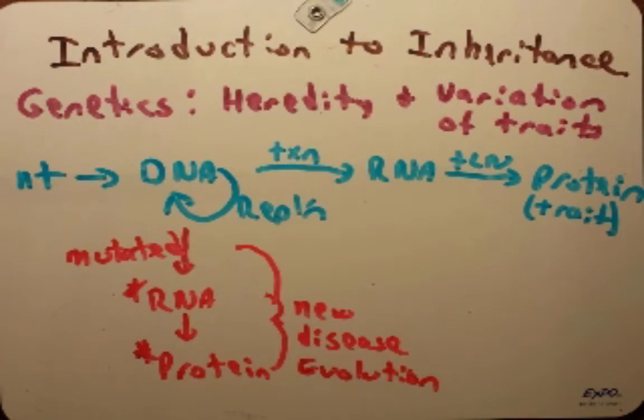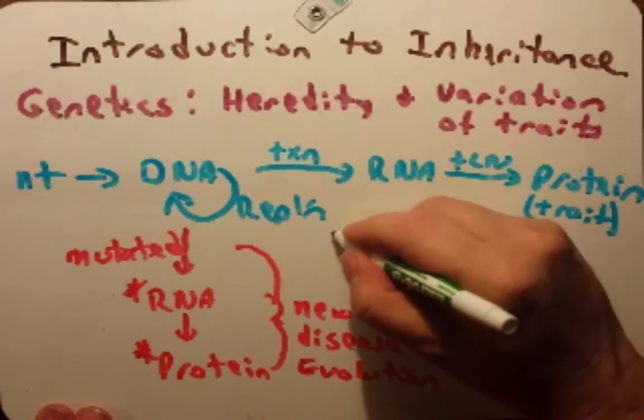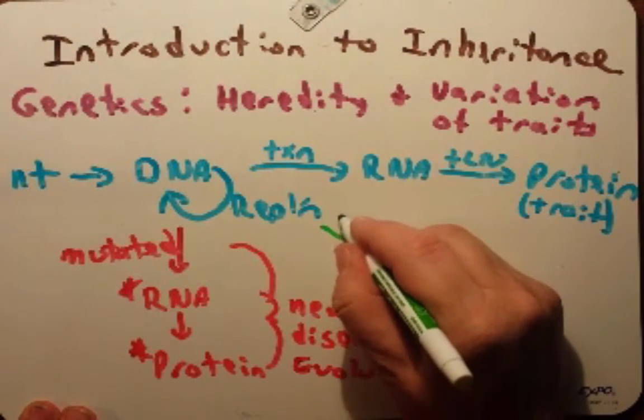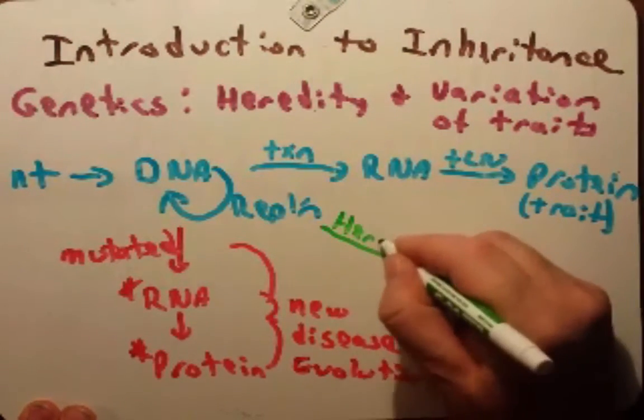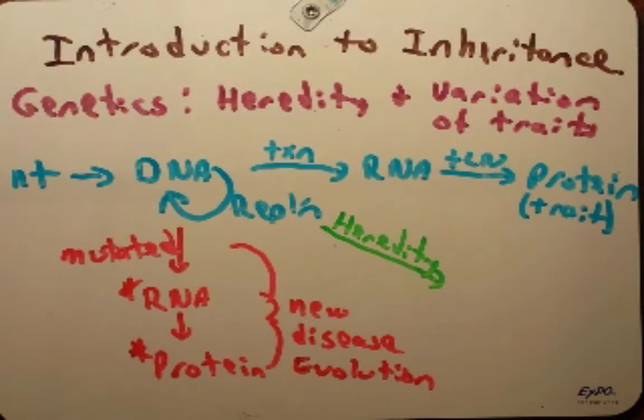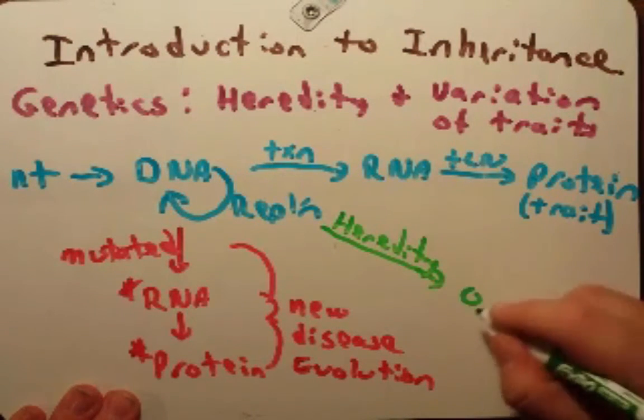Now for this next section, what we're going to do is we're going to talk about heredity. How the DNA is inherited. I'm going to write heredity. Inheritance, heredity, pretty much the same thing. And how through the process of heredity, we pass on this DNA to offspring or progeny.